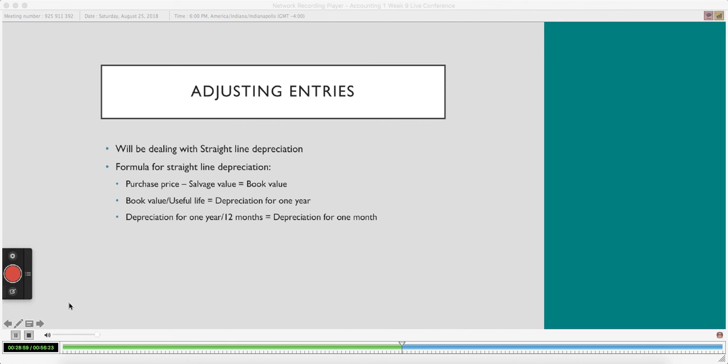Make sure you write the formula down. I had one student, she was on her computer for the conference, but taking pictures of the slides. You can do that. The videos will also be available in the week 9 module as well.